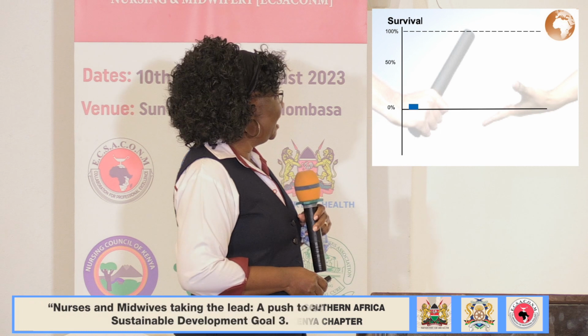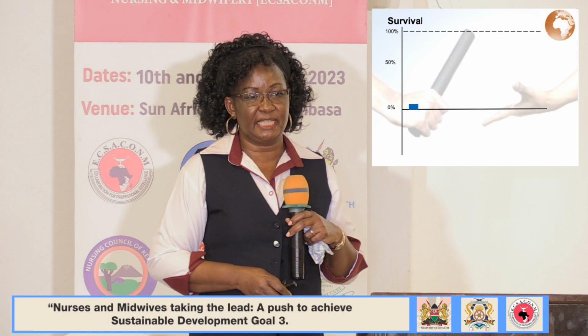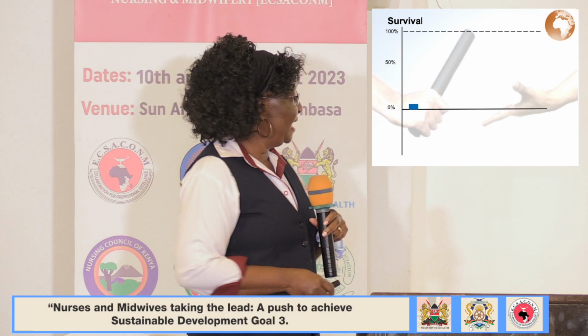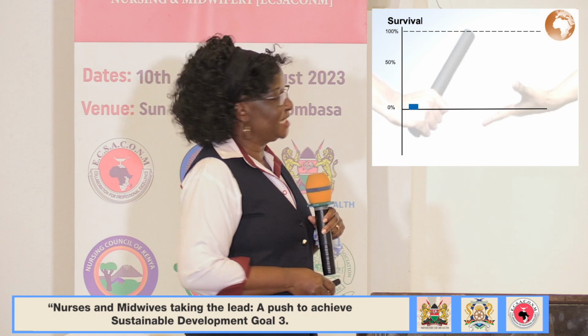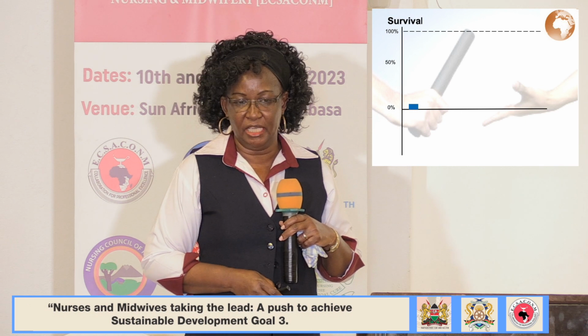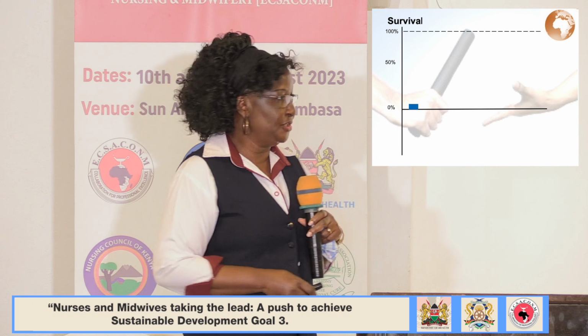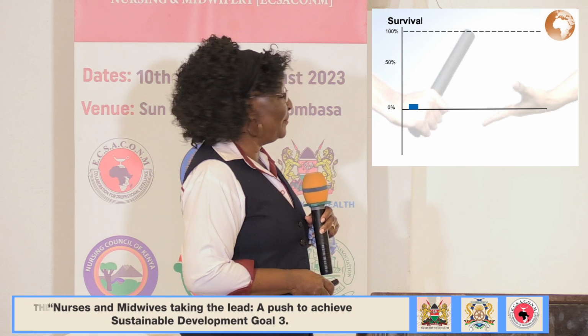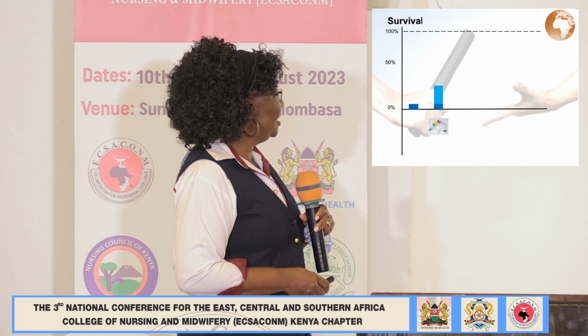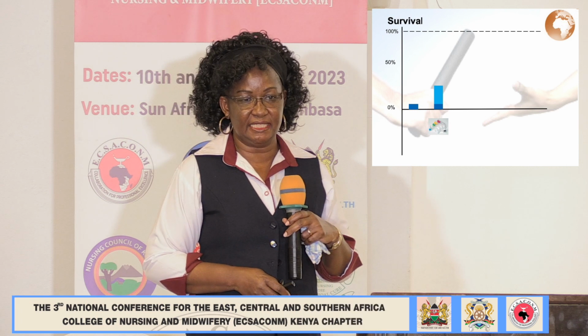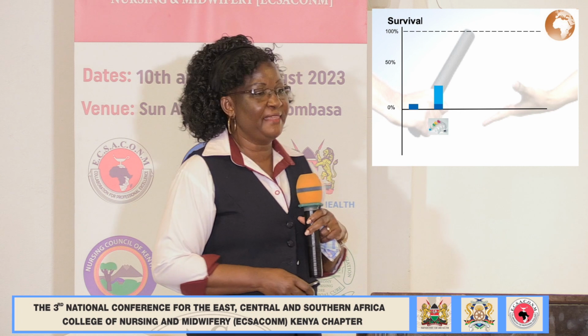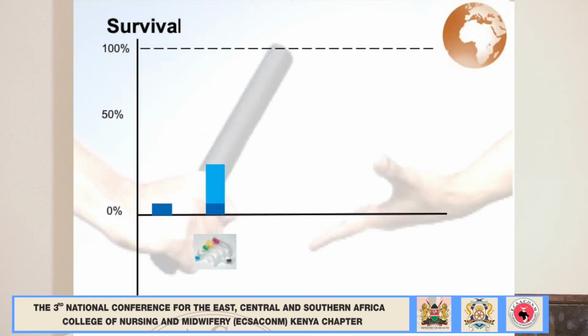Just a taste of what GRASPIT is: if you had 100 patients, for example, the last day you worked, and all of them were critically sick, if you did the following, you would save the percentages I'm going to show you. If you did totally nothing, you're likely to save the percentage that you're seeing. If you open the airway using the adjuncts that are so easily available where you are, you can see the percentage increase of the number of patients you're going to save.